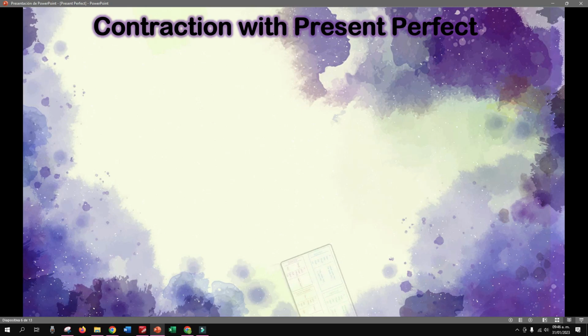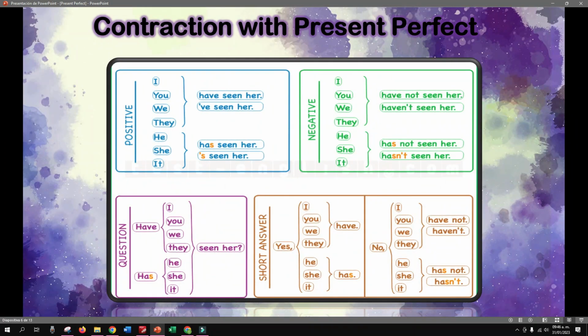Contractions with present perfect. You will have these, right? The short form and the long form. First, you have the positive. I have seen her.